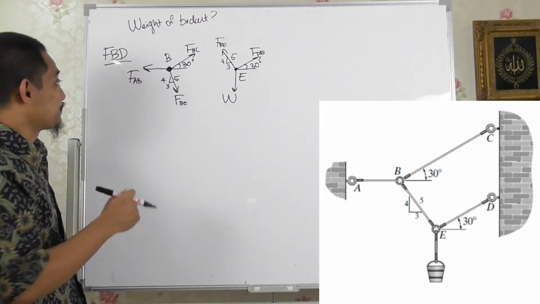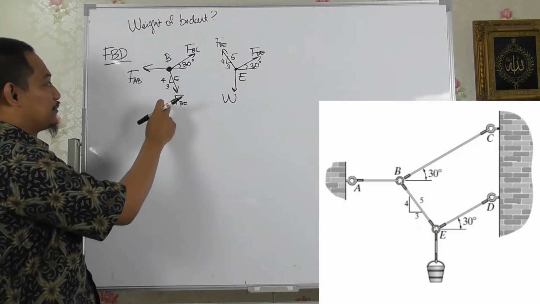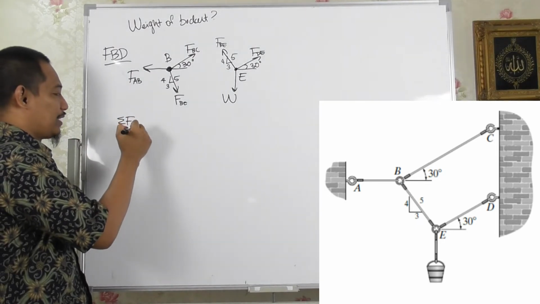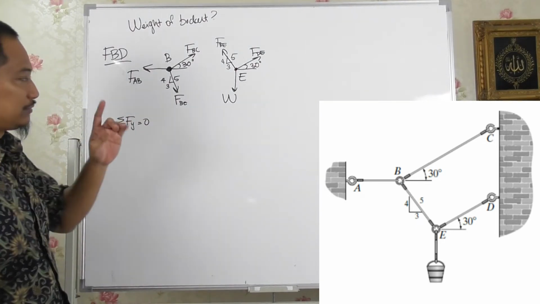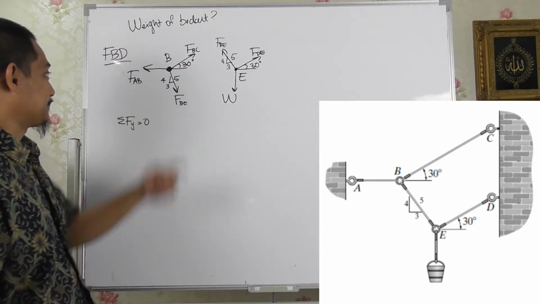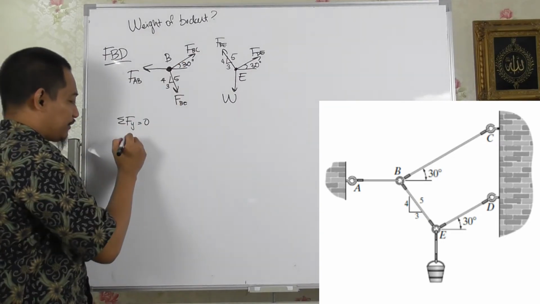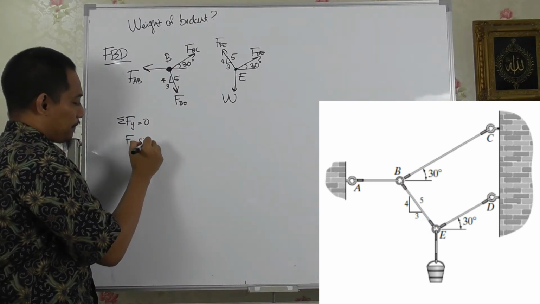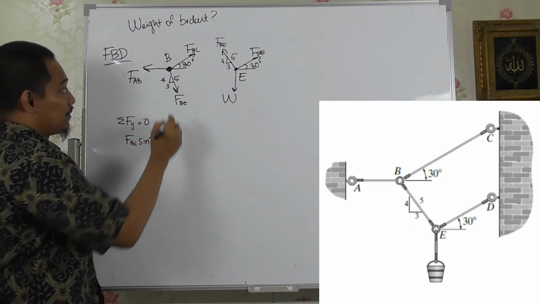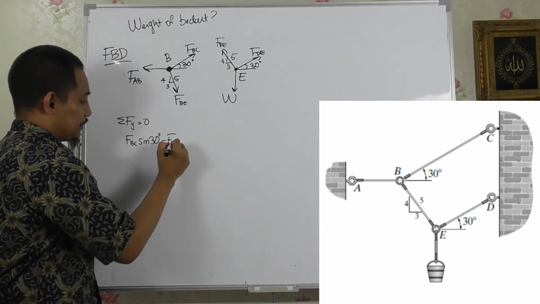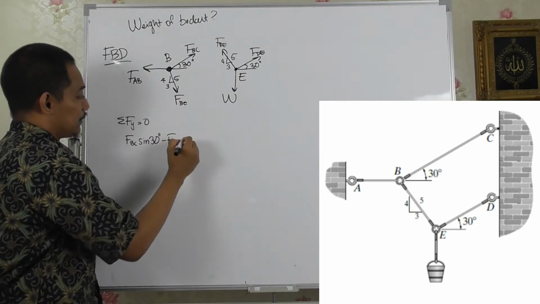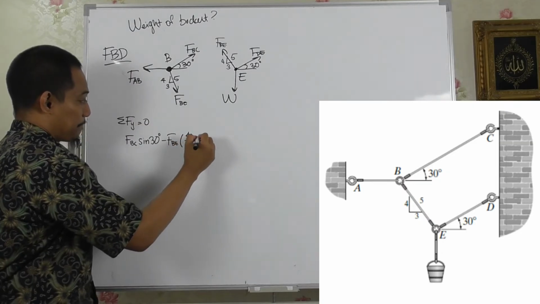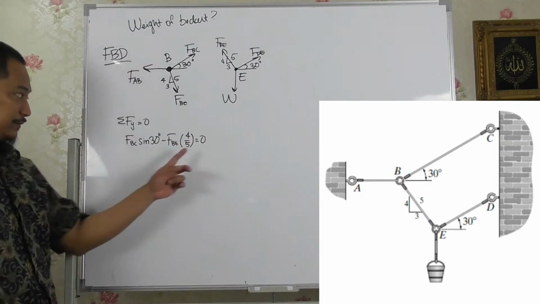Okay, so let's see what I can do here. For example, from the free body diagram here, if I do summation of Fy equal to 0, because I want to just compare two forces, right? This and this. So I have FBC sine 30 degrees minus FBE 4/5 equal to 0, right?